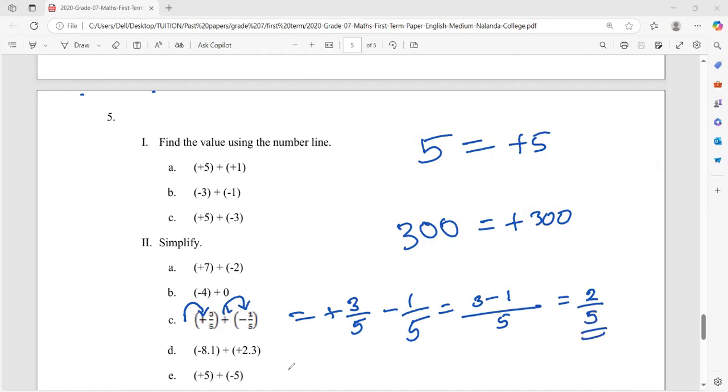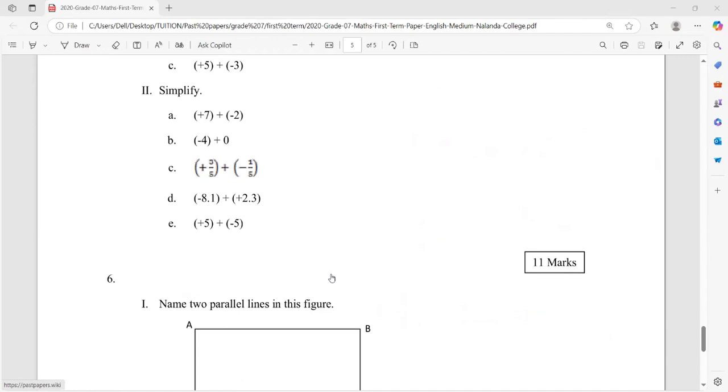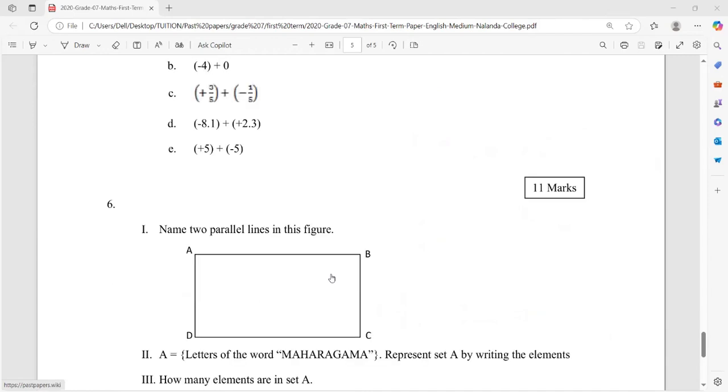Fine. And you know that when you add or subtract, if the signs are different, you subtract the smaller magnitude from the larger magnitude, and the answer gets the sign of the larger magnitude, right? That is our theory.